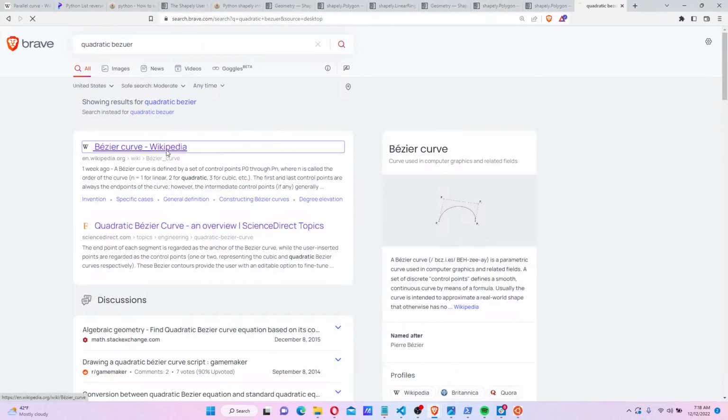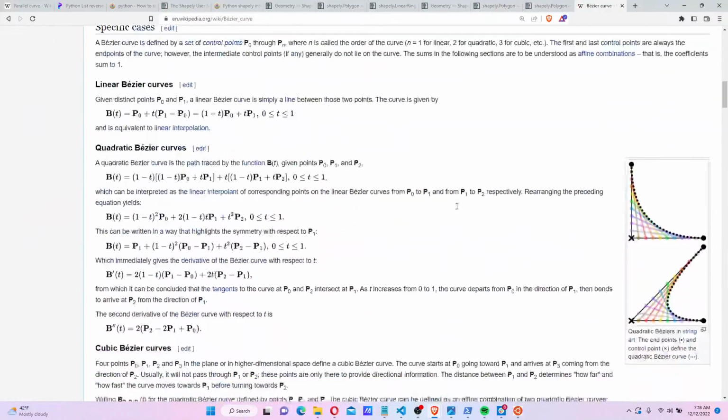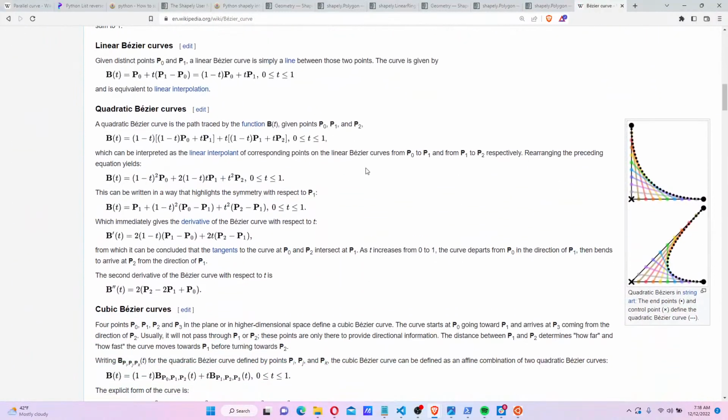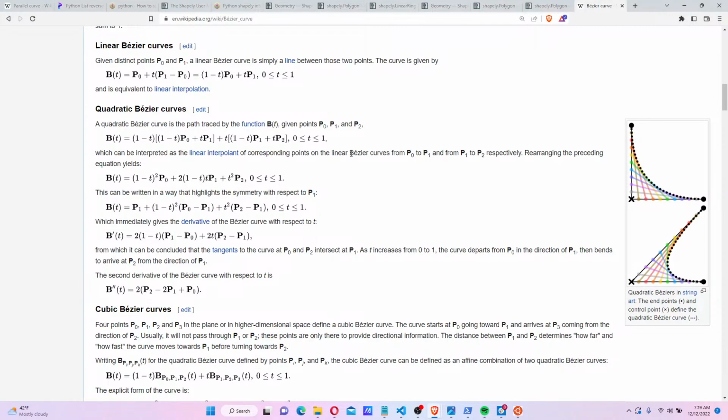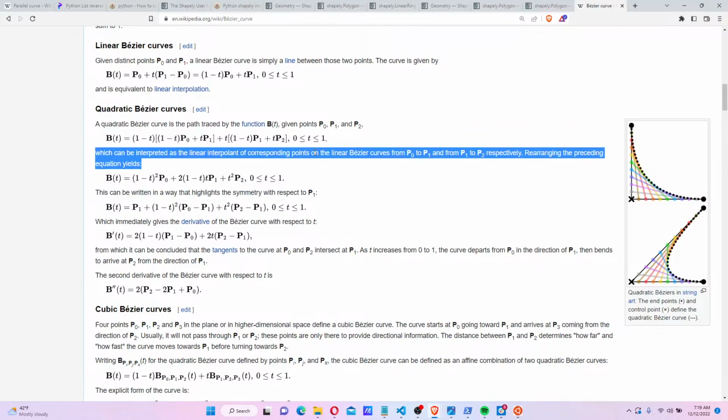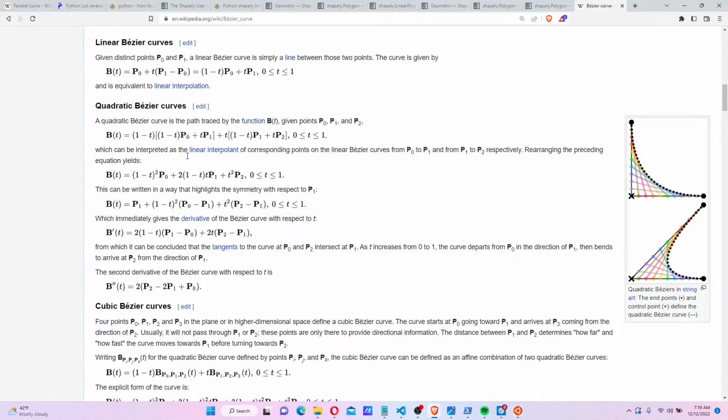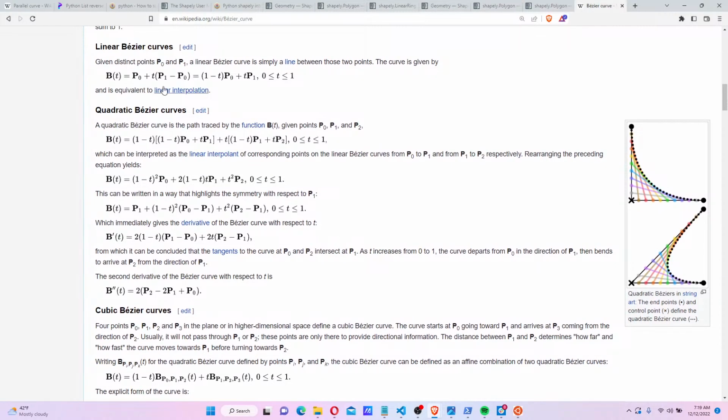So I'm going to look up the quadratic Bezier equation, see if that's possible. So here it is. B of t. I guess each of these you could just treat as x.